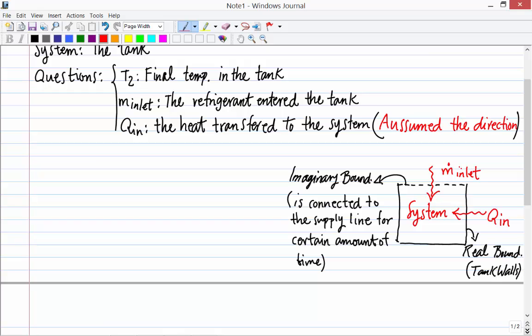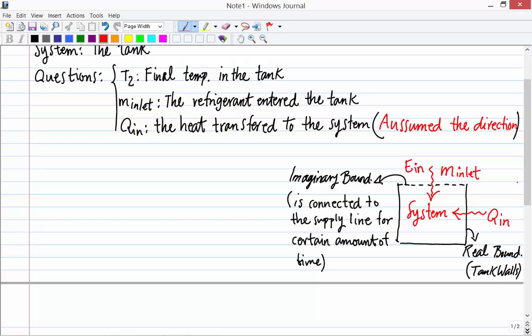Or let's say, because it's a temporary flow, I will call that m, a specific amount of mass entered the system, and it carried energy with itself, E inlet. So let's say the valve was open for an hour, so 5 kilograms of the refrigerant came into the system, and it carried 100 kilojoules with itself to our system. So that's simple.